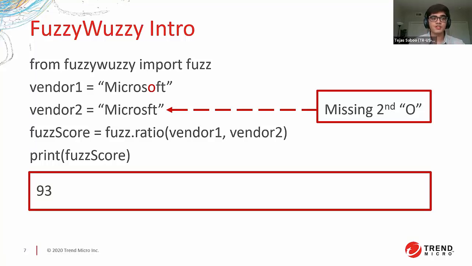What I did was use Python's FuzzyWuzzy library, which uses fuzzy logic for string similarity. I have a simple example right here. I have vendor 1, Microsoft, and vendor 2, Microsoft with a misspelling, which was actually directly from one of our filters, and it is missing the second O. I'm calling the ratio method on both of these and printing that score, and we get a score of 93.